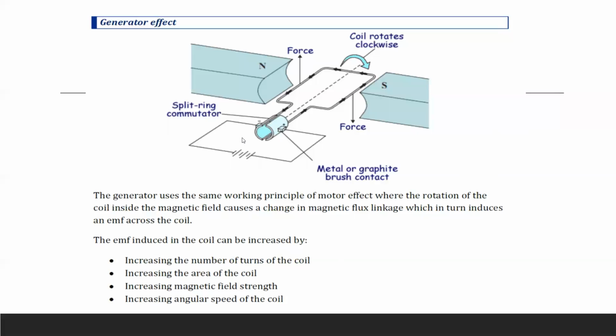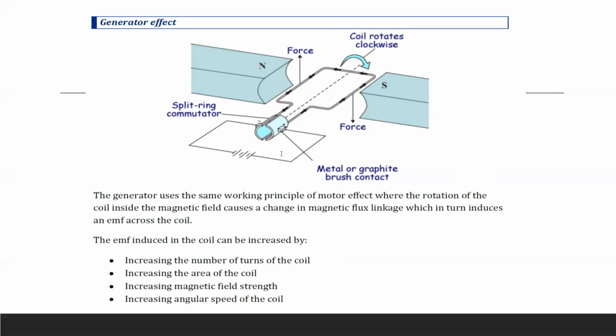So generators use the same concept. In a generator, we rotate the wire, that produces a change in the magnetic field, and the change in magnetic field induces EMF. And if you want to find the direction of induced EMF, we use Fleming's right hand rule.